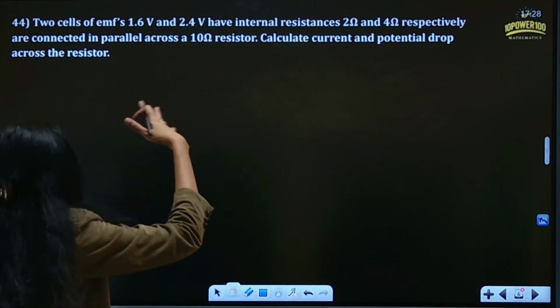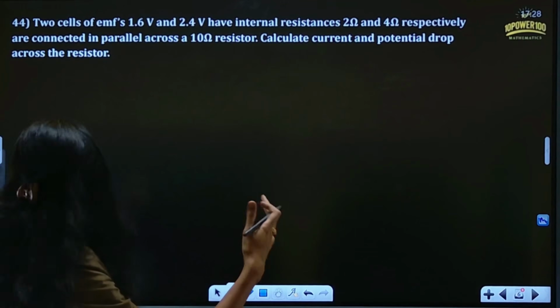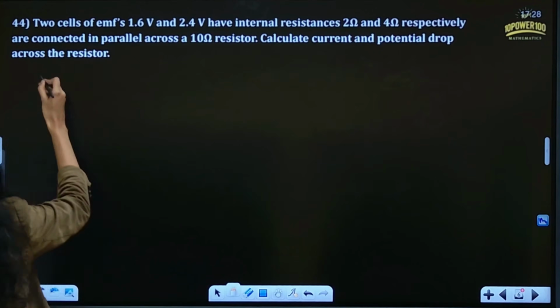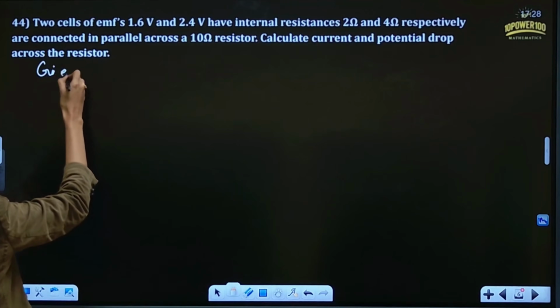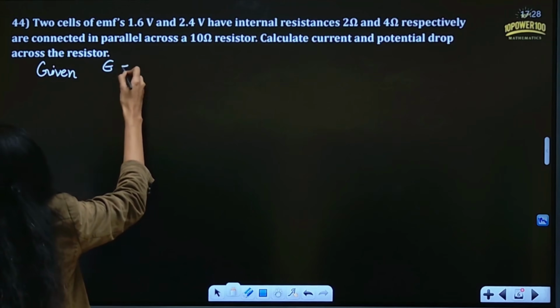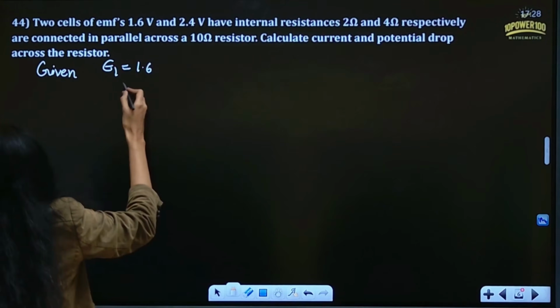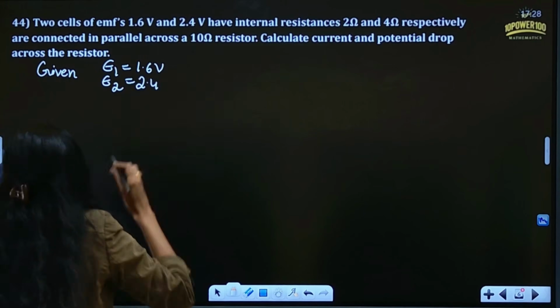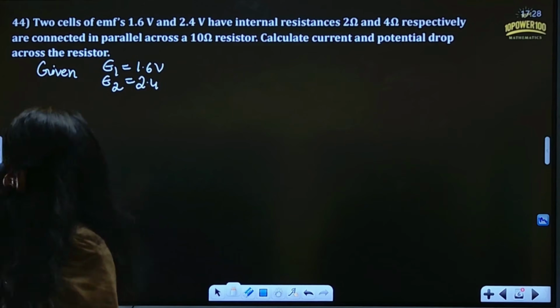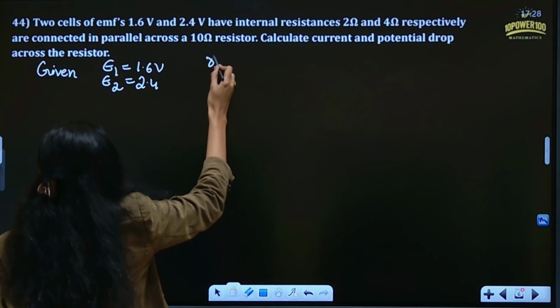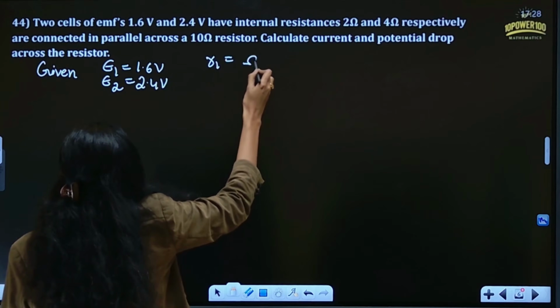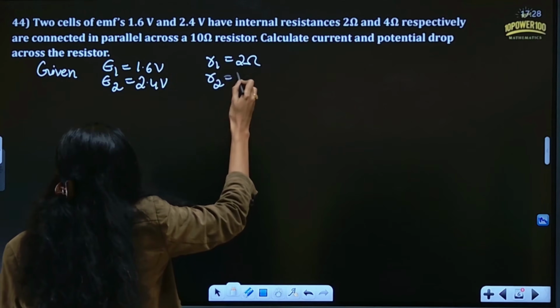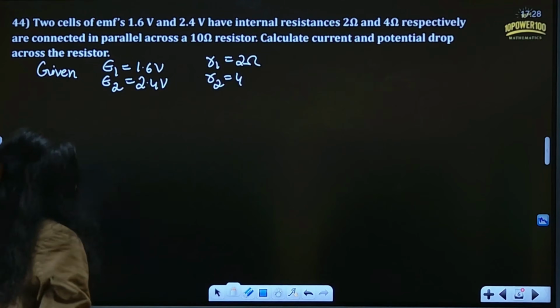Here they have already given the EMF and internal resistance. First let me write out what is given. E1 is 1.6 volt, E2 is 2.4 volt, whereas internal resistance R1 is 2 ohm and R2 is 4 ohm.